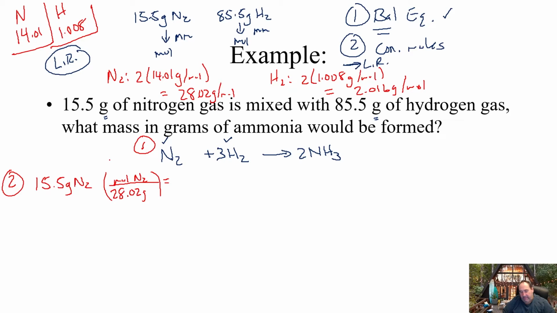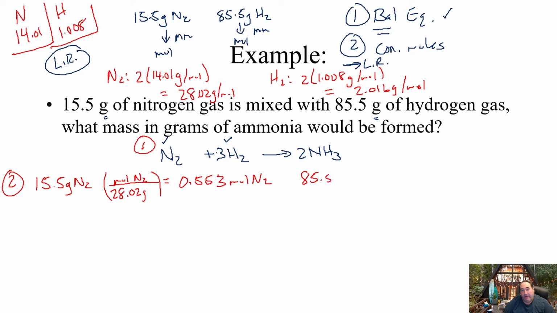We got 15.5 divided by 28.02, going to give us a 0.553 moles of nitrogen. We're going to do the exact same thing here for hydrogen. I feel like I missed the first part there. Line them up a little better, maybe. Give the old college try here. There you go. We're going to do the same calculation here, though, for hydrogen.